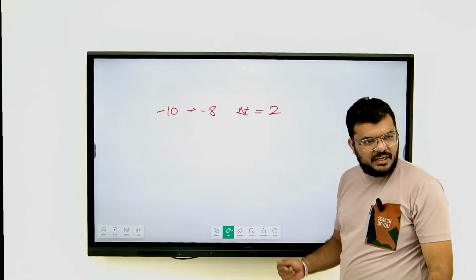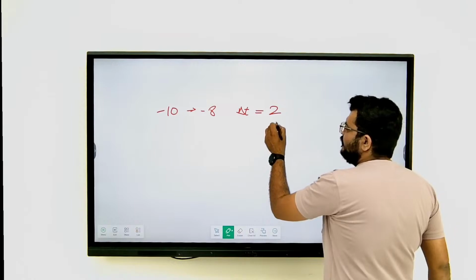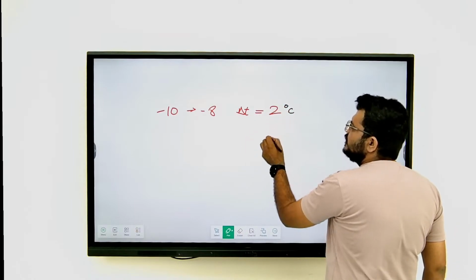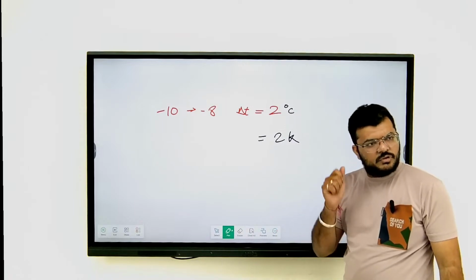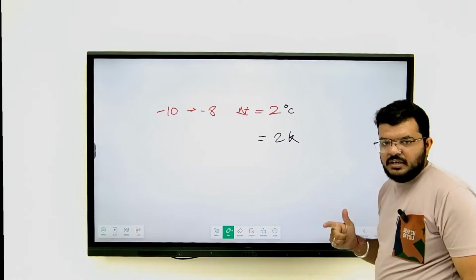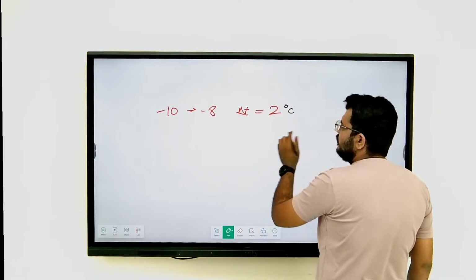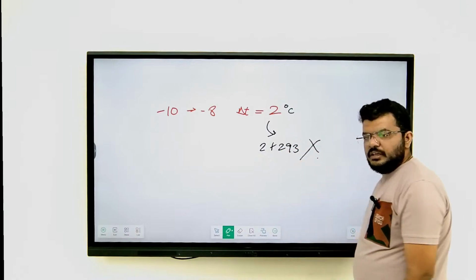The temperature has increased by 2. So this is 2 degrees Celsius, but it is also 2 Kelvin. Remember, there is no degree in Kelvin. If you write degree, that will be marked incorrect. Second, a lot of you do this, that when you convert this into Kelvin, you write 2 plus 273. This is also incorrect.